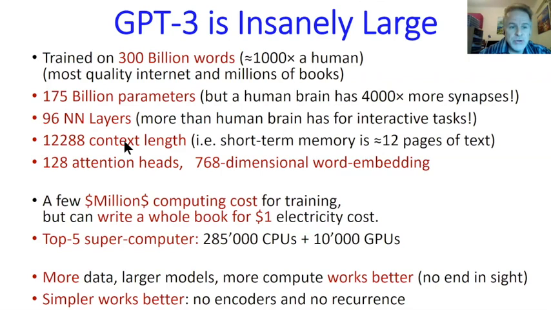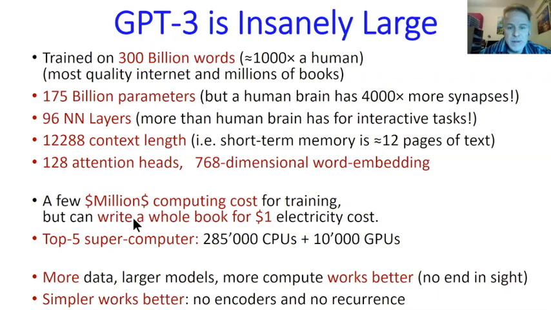It has a huge context of over 10,000. I mean, it's not words but tokens, but roughly speaking, it's about 12 pages of text. So it can focus and have short-term memory about this length, and after that it will forget. It can focus attention on 128 words, and these vector embeddings are not three-dimensional, but they are 700-dimensional.